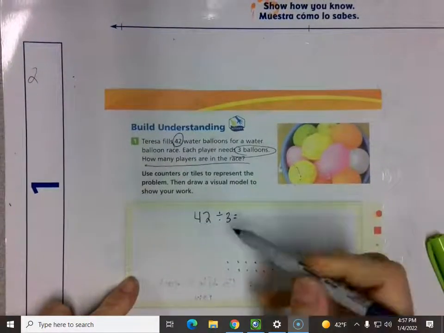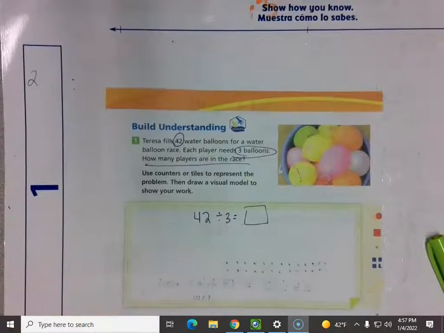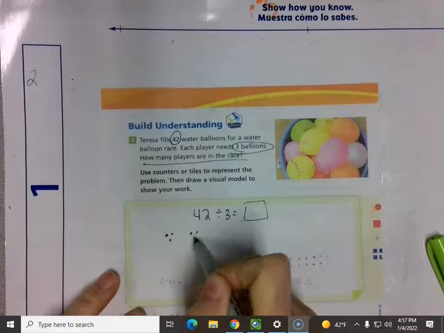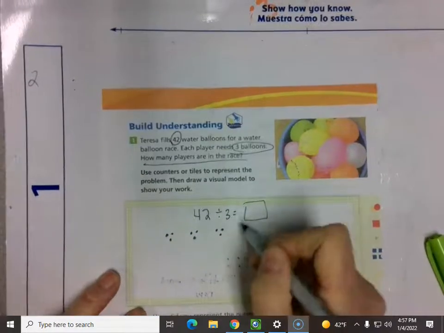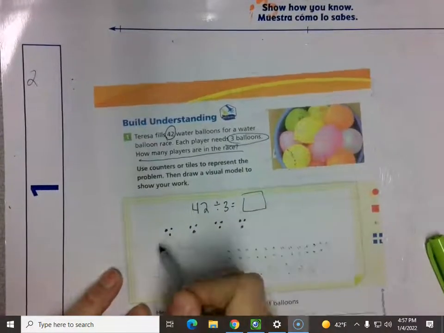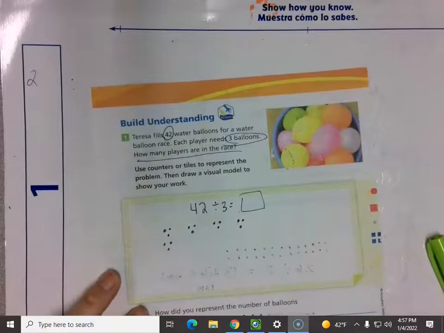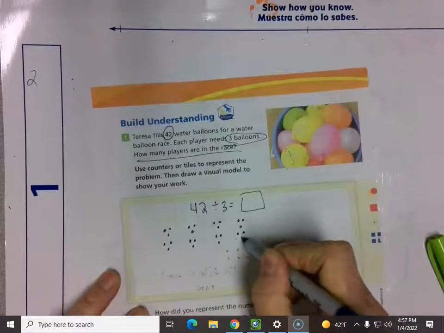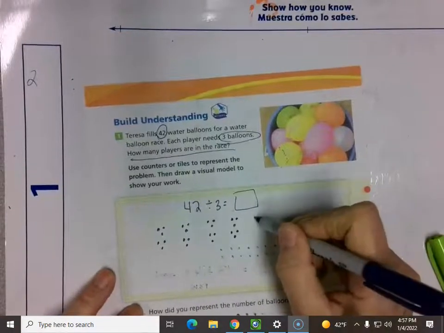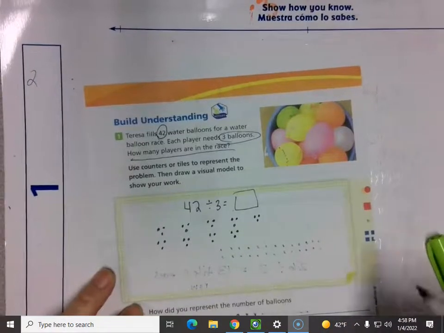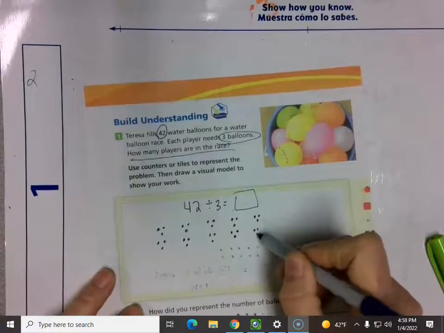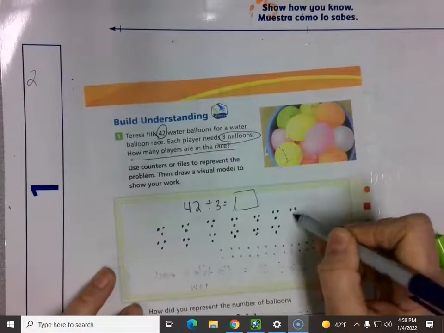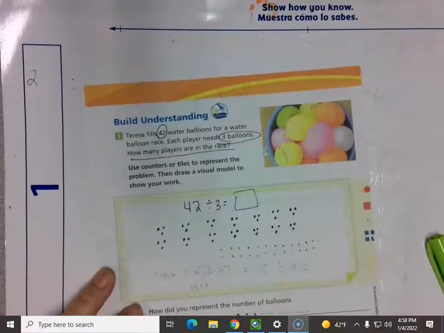The answer that I get is going to tell me how many piles I'm going to have. 3, 6, 9, 12, 15, 18, 21, 24, 27, 30, 33, 36, 39, 42.